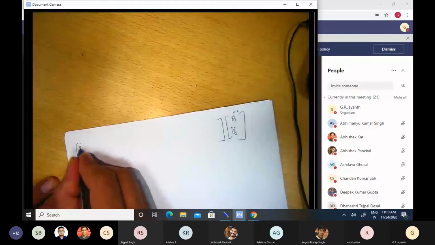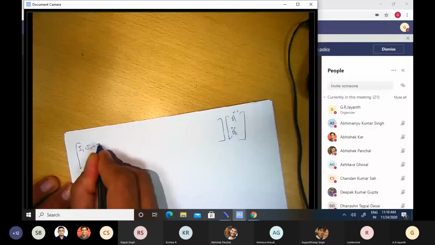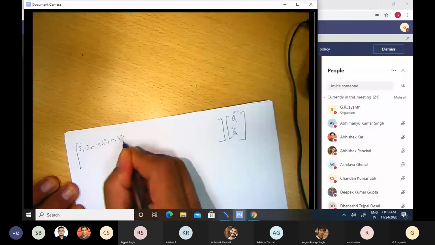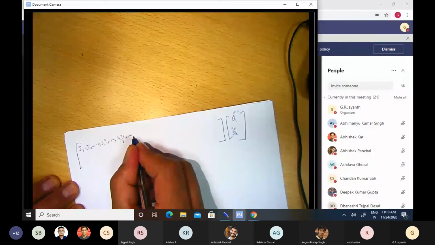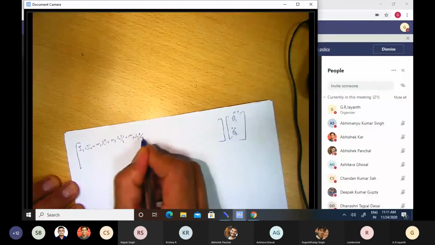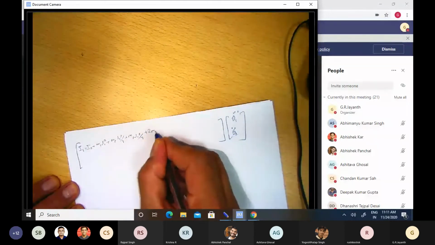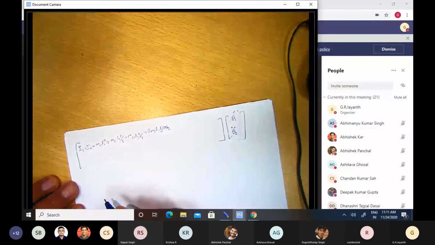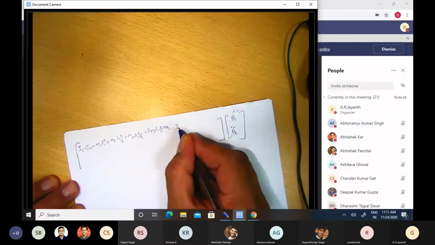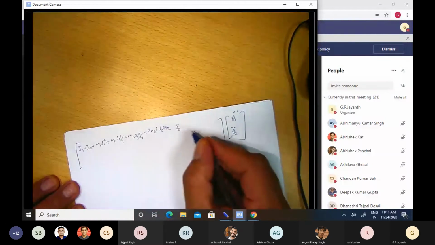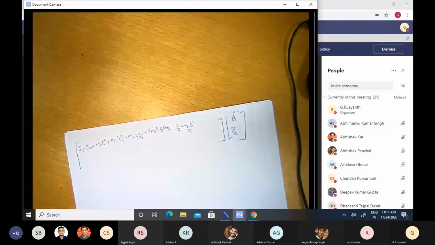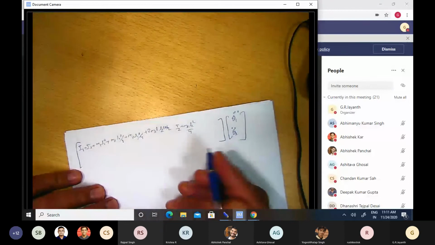It's I1 plus I2 plus M1 L1 square by 4 plus M2 L2 square by 4 plus M2 L1 square plus 2 M2 L1 L2 cos θ2. The second term is I2 plus M2 L2 square by 4 plus M2 L1 L2 by 2 cos θ2. I mean, you don't need to religiously read my lips or follow what I'm saying and write it down.